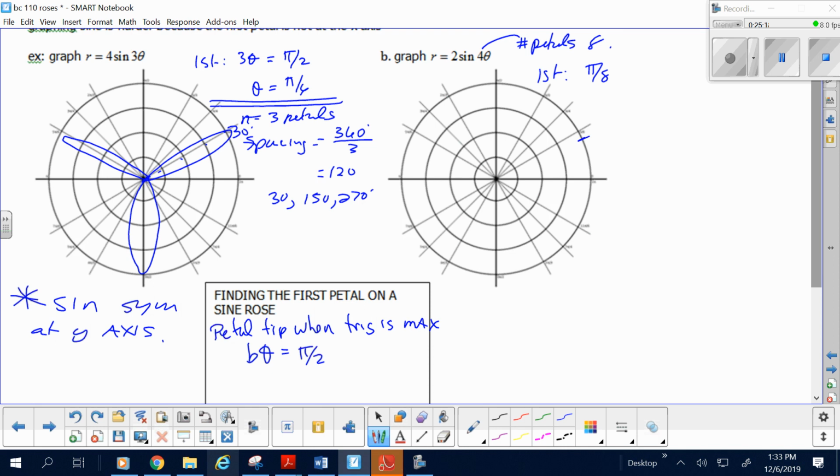We said pi over 8 is here-ish, just below 30 degrees, like 7 degrees less. I'm changing my scale if you don't mind, so it's bigger here. Notice the 2. Okay, what's the spacing? Maybe degrees now. 45. So if the first one is 22.5, the next one will be 67.5.